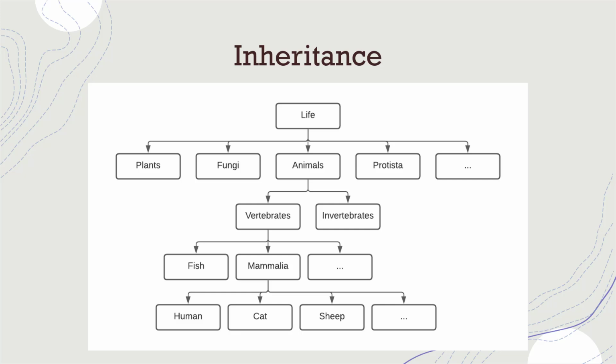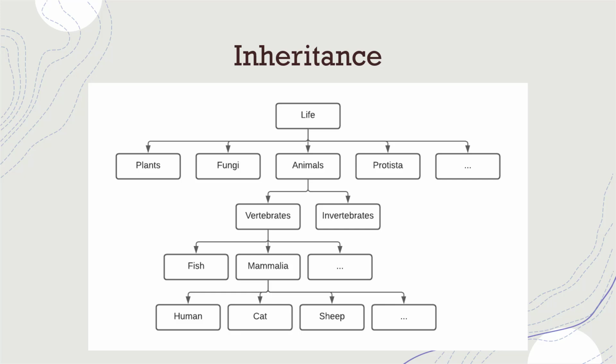Within animals, we have two other subclasses, vertebrates and invertebrates. They both inherit every variable and function that exists in animal. One function might be that animals can freely move within their environment as opposed to fungi and plants. However, this movement is quite different in vertebrates compared to invertebrates.